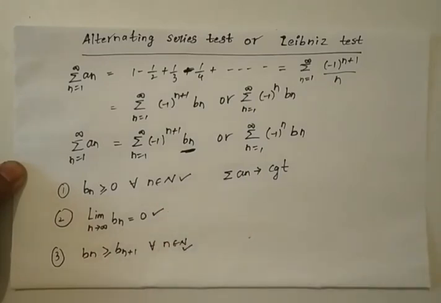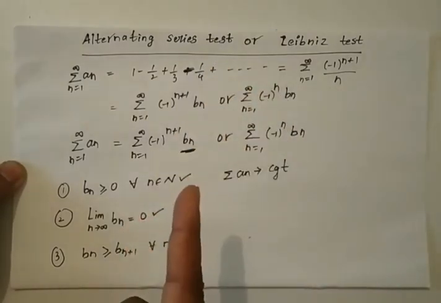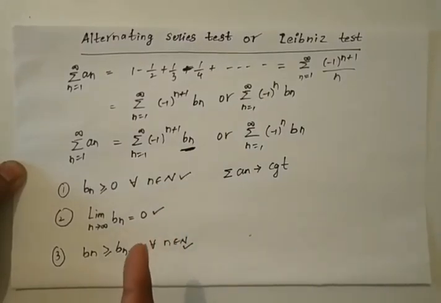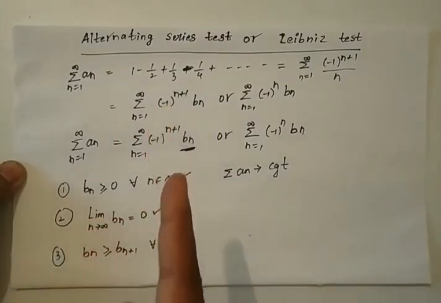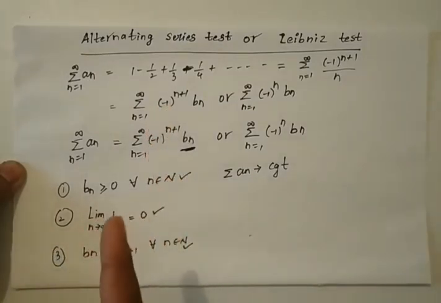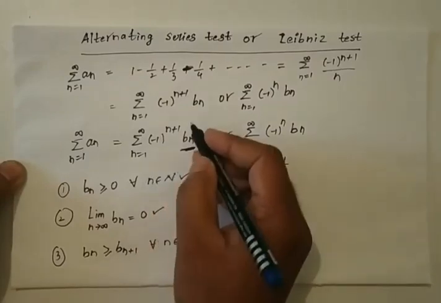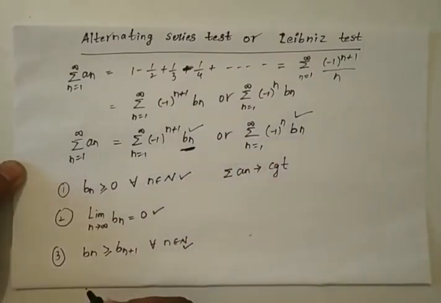In order to use this test, the series must be an alternating series, in other words, a series in the form of either this form or this form.